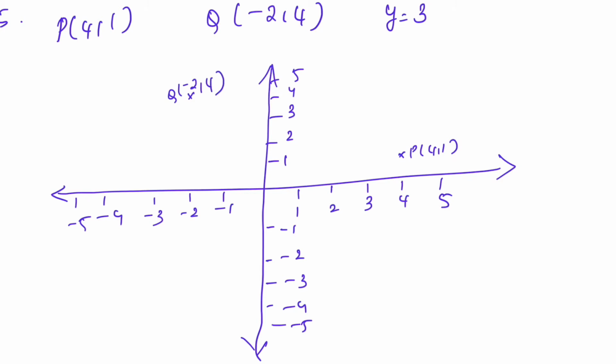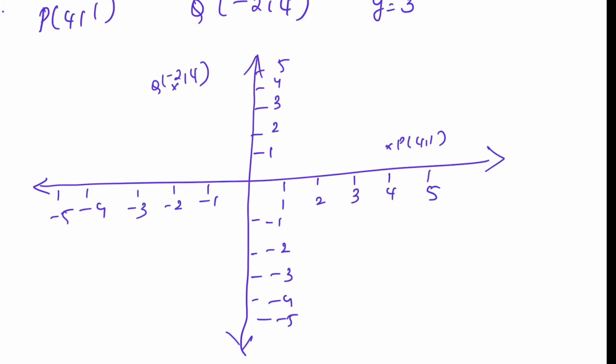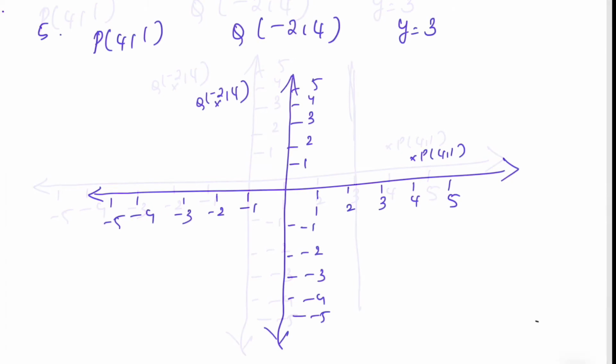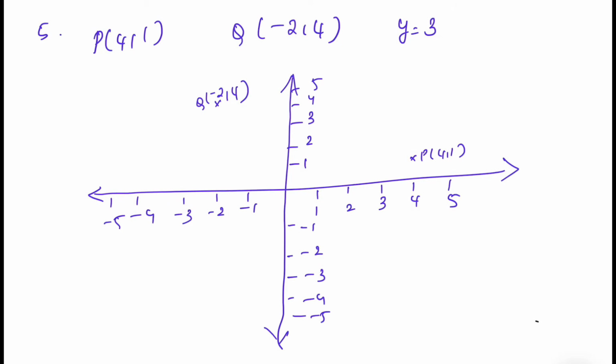So the line y is equal to 3 will be like this, parallel to x-axis, y is 3 here. This will be y is equal to 3. So what do we need to find out here, what they've asked: find the coordinates of P dash, the image of P, and Q dash, the image of Q, reflected on the line y is equal to 3.